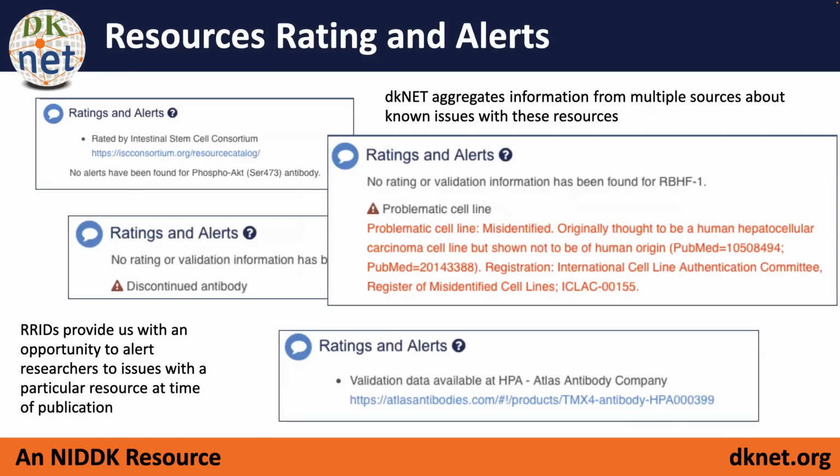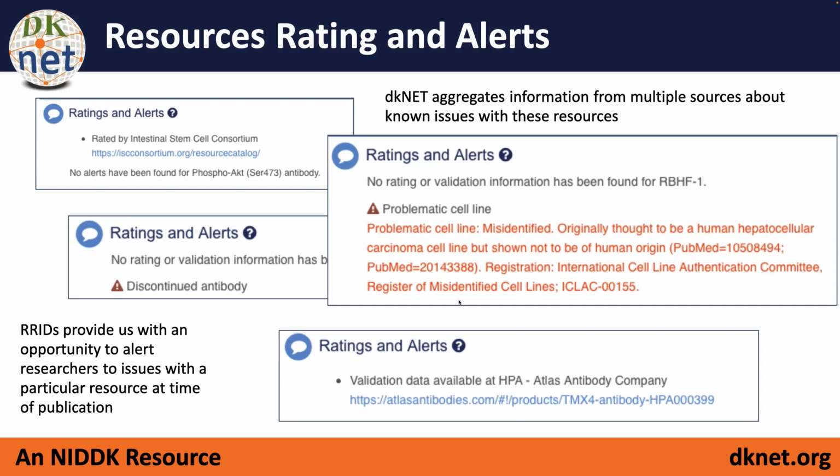And again, there are a number of different places where this information comes from. For cell lines, the community authority that is responsible for providing information on cell lines is Cellosaurus. And they also collect information from the International Cell Line Authentication Committee, which provides information on problematic cell lines. So from some of the community authorities, we're also bringing in some of this information about the resources.